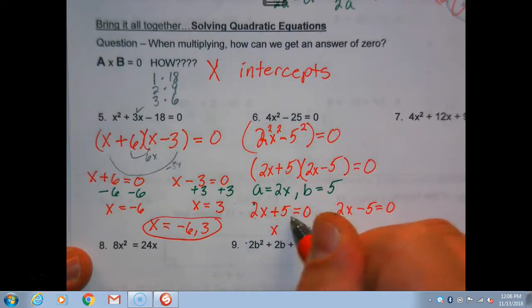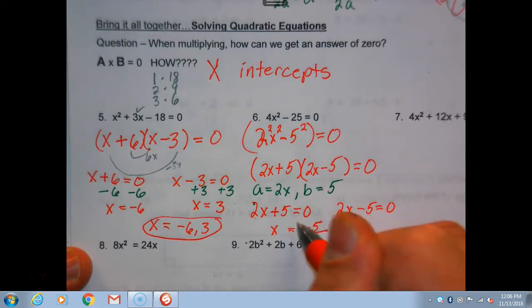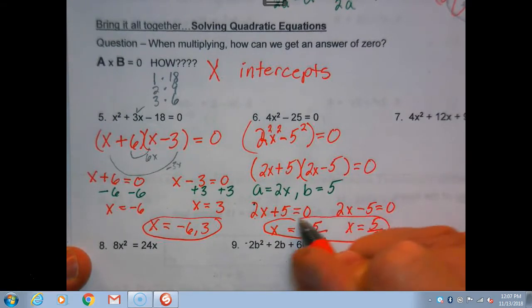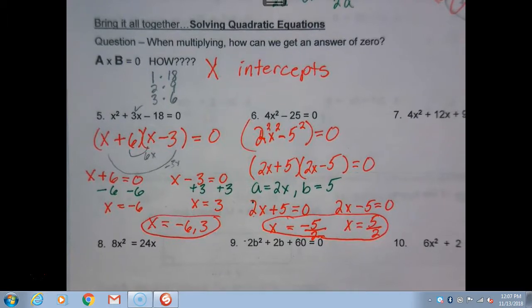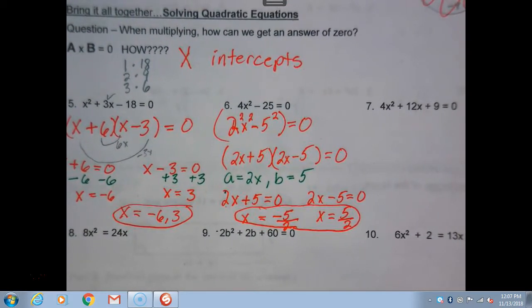You're going to get 2x equals -5. Then you're going to divide both sides by 2. Same with this one, right? Add 5, and then divide by 2. Get it? Did I go too fast? I did quite a few steps at once.